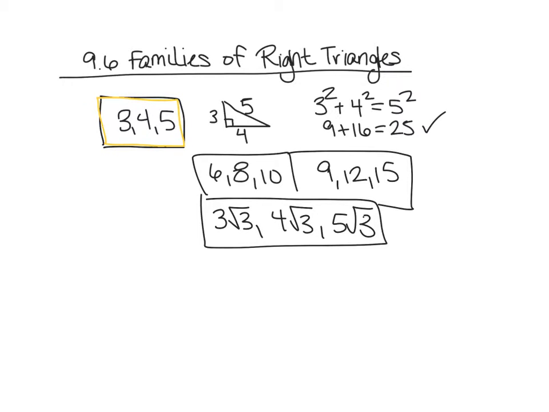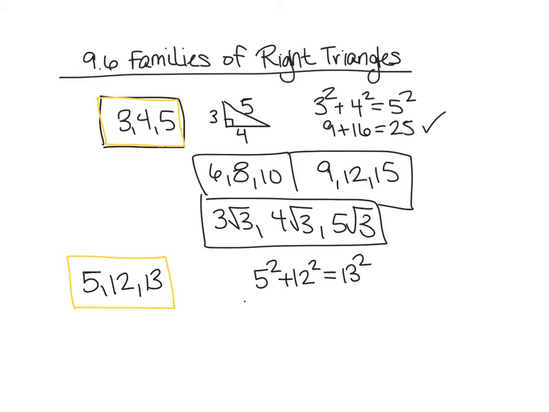All right, the next type of family that we can have would be the 5, 12, 13 family. Again, if we did the Pythagorean theorem, 5 squared plus 12 squared, does that equal 13 squared? So we have 25 plus 144. Does that equal 169? And the answer is yes.